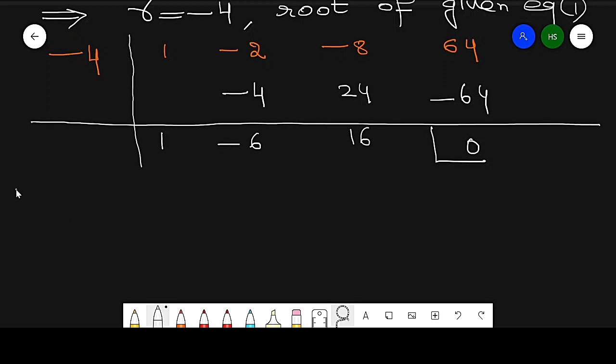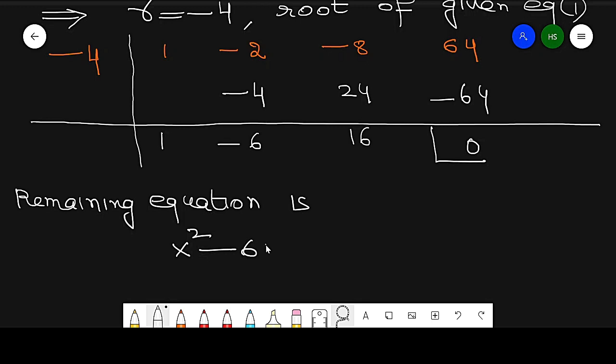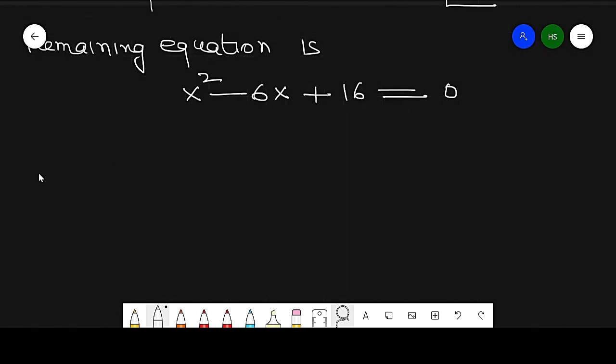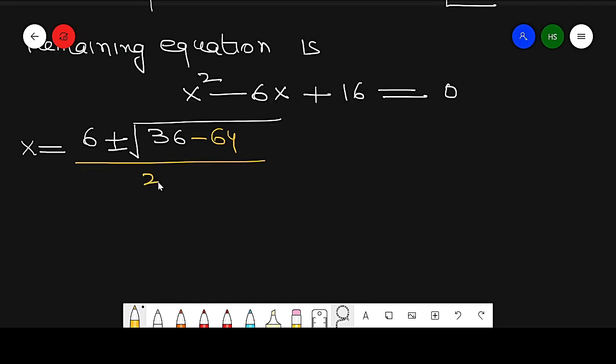So the remaining quadratic equation is x square minus 6x plus 16 equal to 0. So we will find the two roots from this equation by solving this quadratic equation. So x is equal to 6 plus minus square root of 36 minus 4ab, minus 64, over 2.